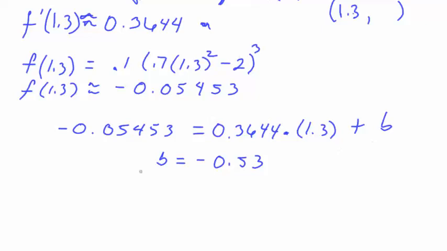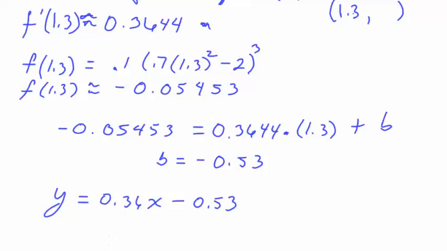Yeah, I see kind of an issue here. y is equal to 0.36x minus, we could say, 0.53. Okay, so let's hope that that agrees with what we got on the screen.